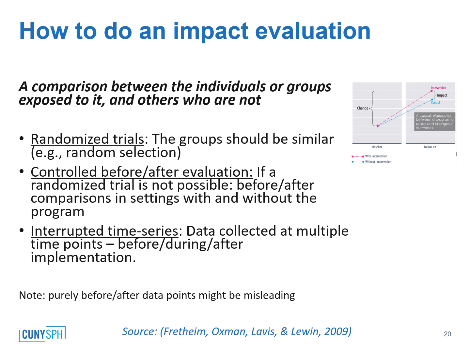And then we have impact evaluations that rely on comparing individuals or groups exposed to the policy with those who are not exposed. The strongest design is a randomized controlled trial, which minimizes bias through random assignment. When randomization isn't possible, controlled before and after designs compare outcomes across settings with and without the intervention.